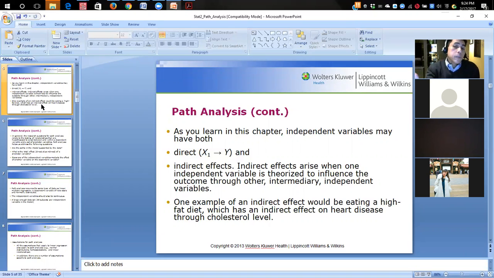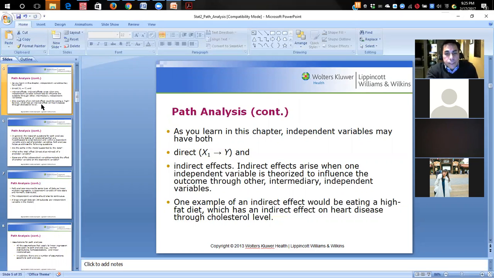And it goes beyond traditional regression analysis, where it only accounts for the slopes and the intercepts of all the independent variables, but it is not accounting for the total effect of a single independent variable, which path analysis will give us. Path analysis will give us the total effect of an independent variable leading to the dependent variable.